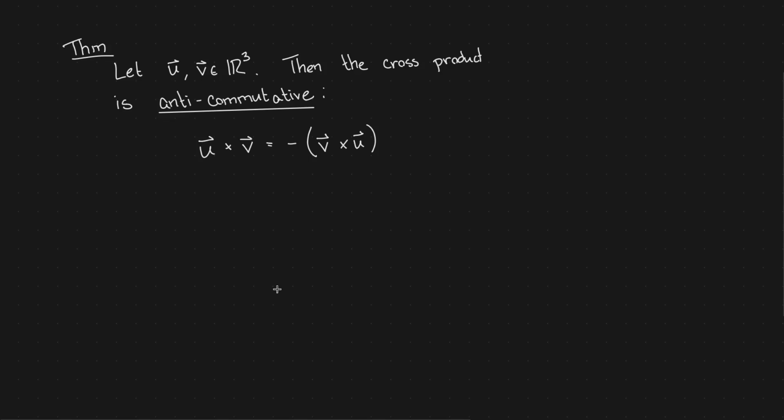So if I have two vectors, we're in three-dimensional space. Let's say this is vector u, and this is vector v.